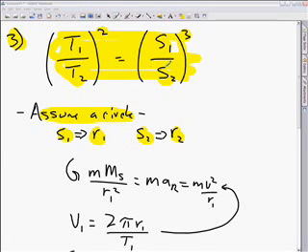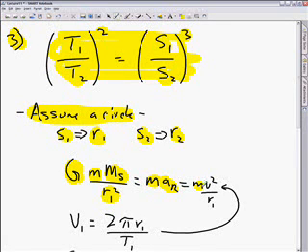Okay, all right, back to deriving this from Newton's gravitation. So Newton's gravitation says the gravitational constant times the mass of the orbiting body times the mass of the sun over the distance it is away from the sun squared is equal to the mass times the radial acceleration. Okay, and again we know that radial acceleration is v squared over r.